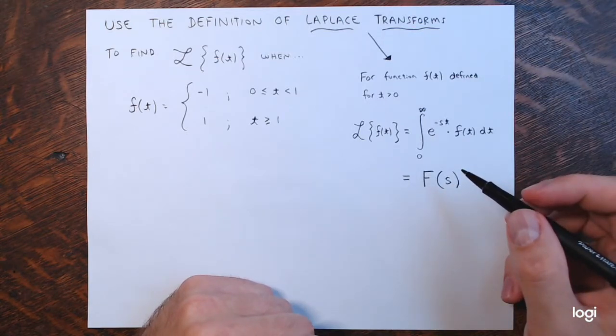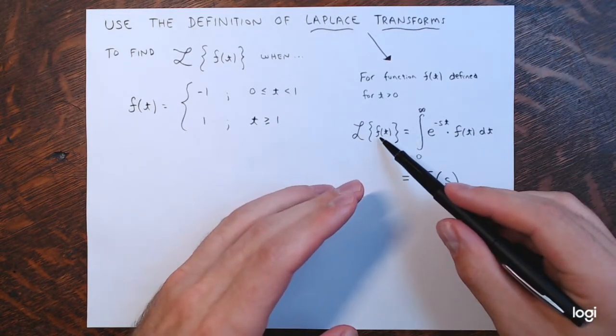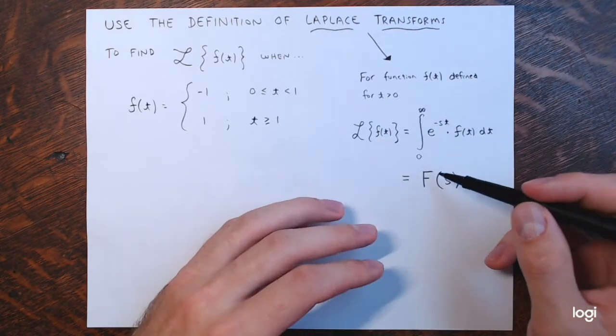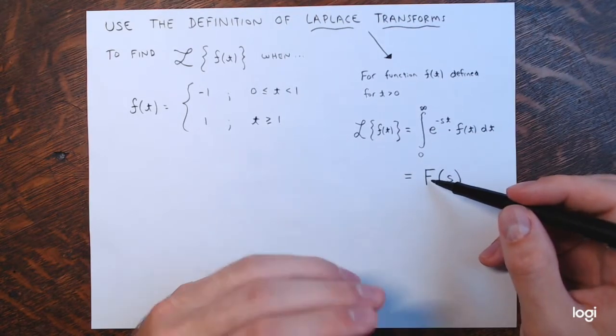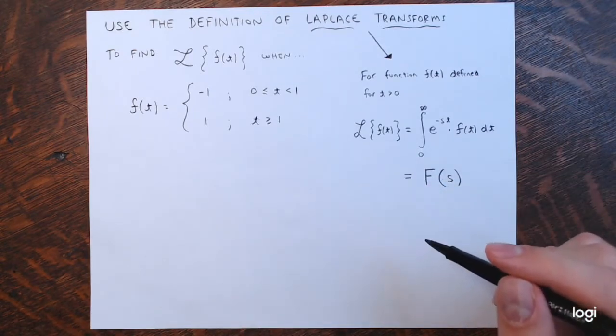Right. Okay. So again, if the function we're taking the Laplace transform of is named little f of t, the function that it transforms into, capital F, is going to be a function of only s.